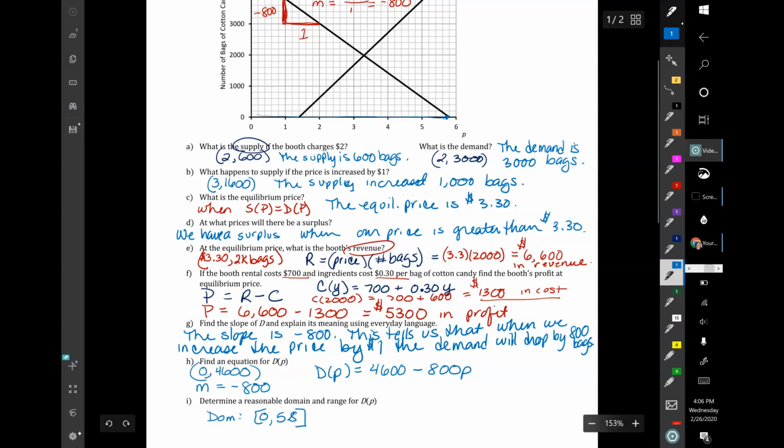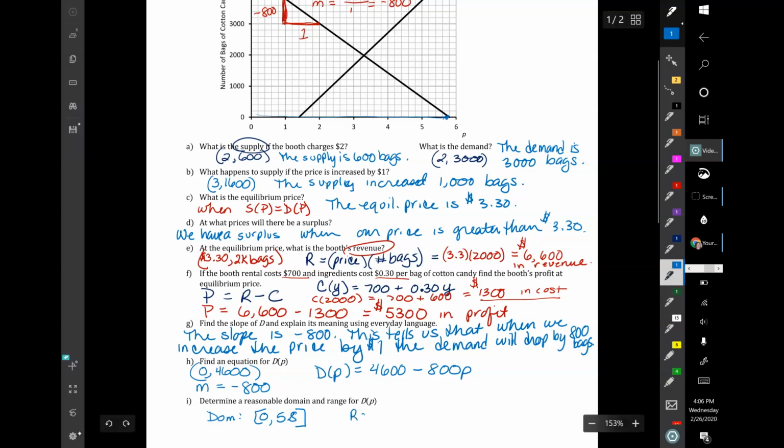Okay, so that's as far as we can go. We couldn't have a price of $6. We have no bags left to sell, right? Or the demand, I guess, is actually the demand. Nobody wants to buy it. So there's no bags being sold.